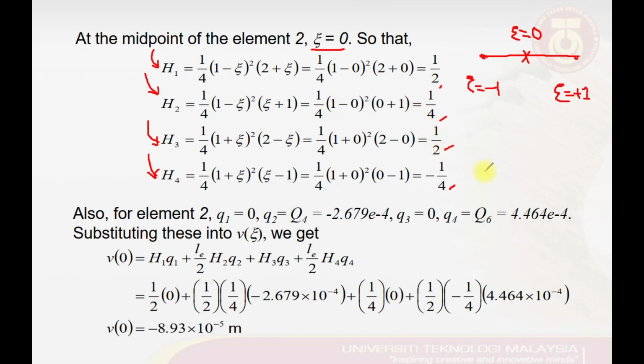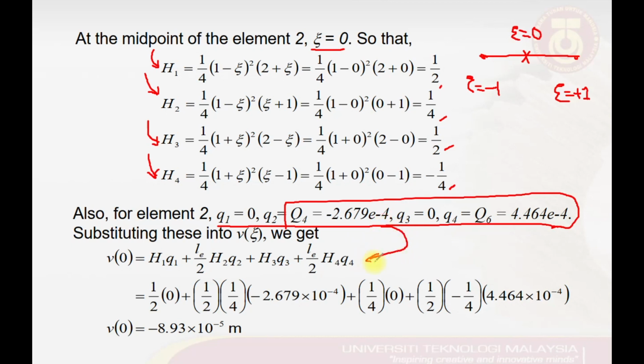So from the calculated displacements, which are obtained from the system of linear equations that we solved just now, for element number 2, we have to consider these 4 values to be substituted in these interpolation equations.